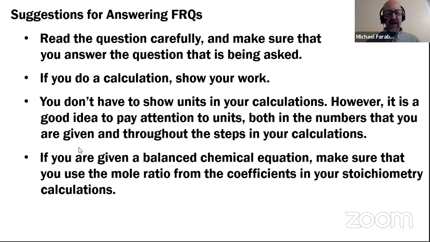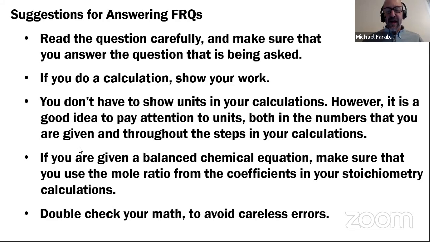If you are given a balanced chemical equation, make sure that you use the mole ratio from the coefficients in your stoichiometry calculations. And again, even though I want you to focus on time and be aware of time, don't rush so much that you make a careless error. So double check your math to avoid careless errors.